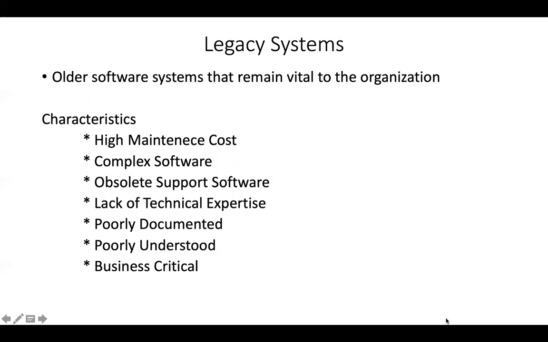Obsolete support system is the third one: the support software may not be available for a particular platform. Then the obsolete hardware: legacy systems hardware may have been discontinued. Next is lack of technical expertise: the original developers of the legacy system cannot be involved with the maintenance today. That is the biggest problem.